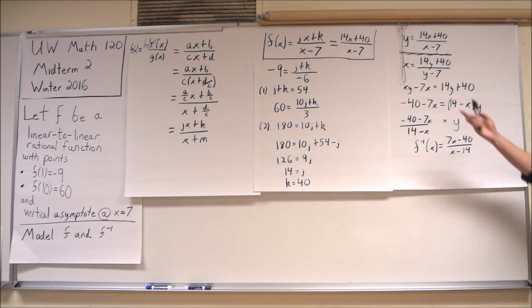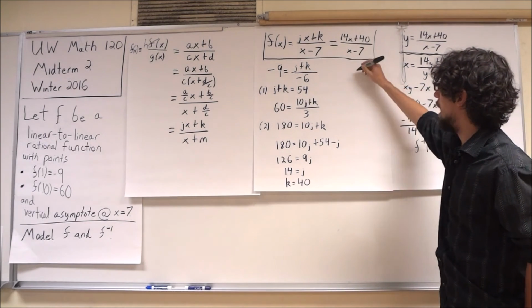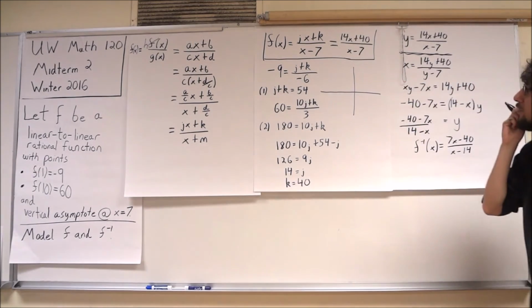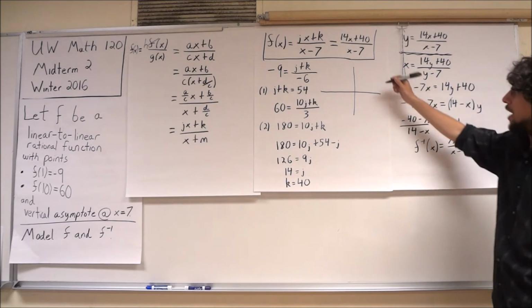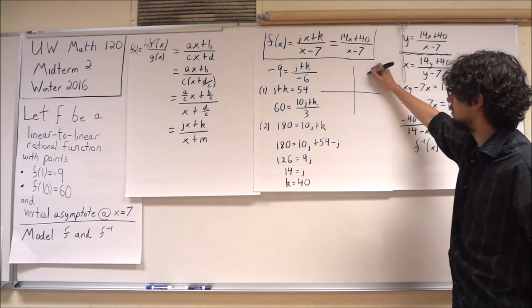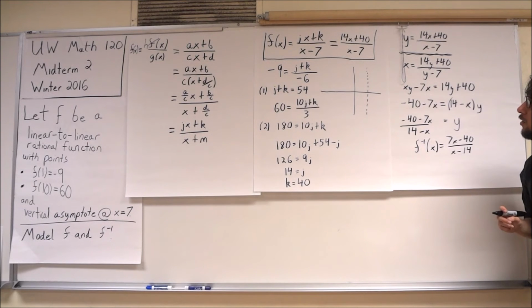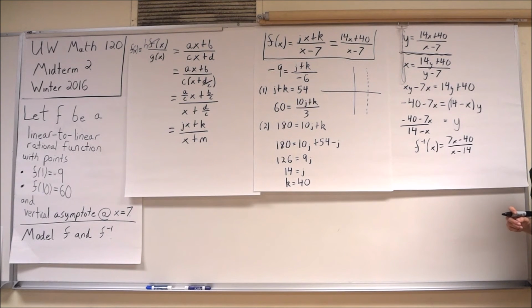But if you actually consider how this graphs the original function, the graph of the original function is going to have this vertical asymptote at x equals 7. It's going to have this horizontal asymptote at y equals 14.